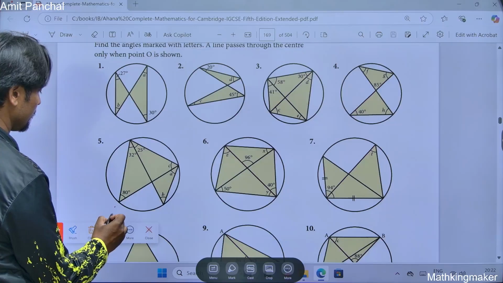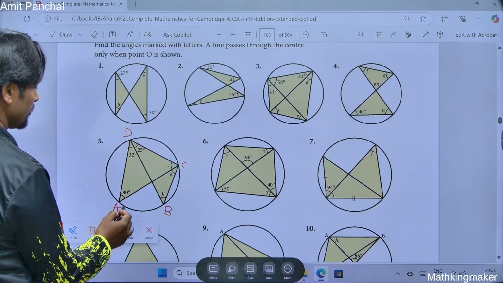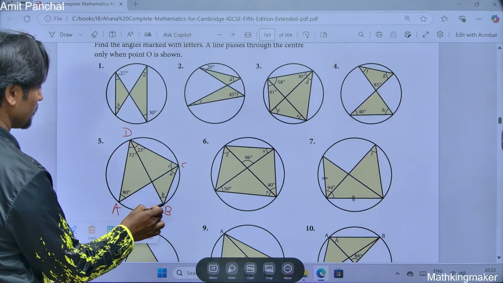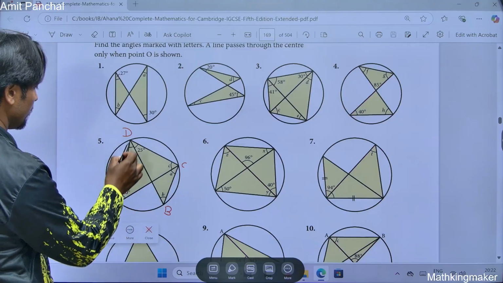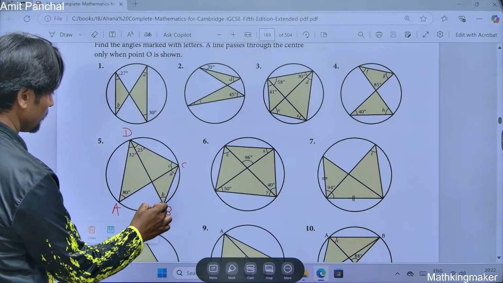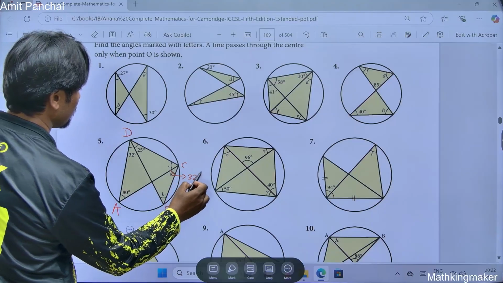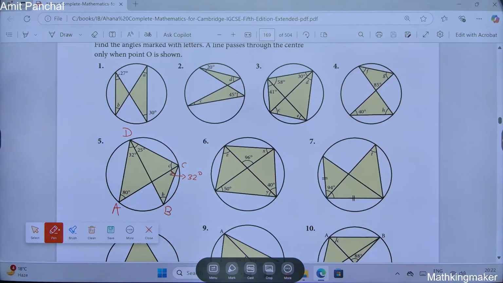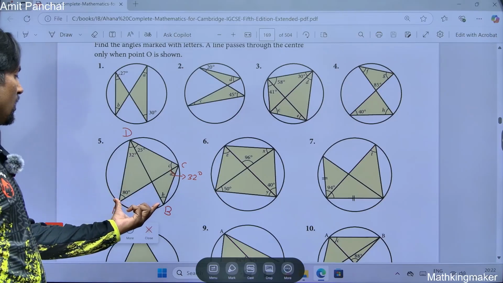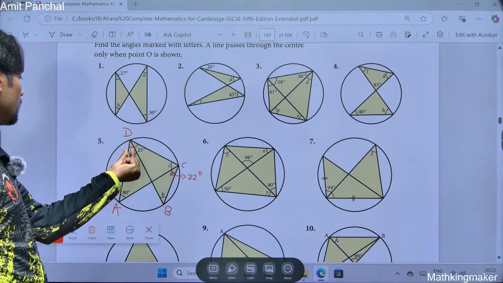Let's say it is A. So the arc AB is making 32 degrees as well as this one. So that A will be 32 only, because this arc AB is making this angle. AB arc is making 32 degrees.